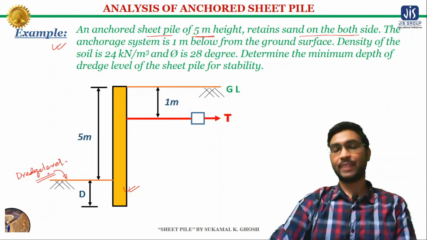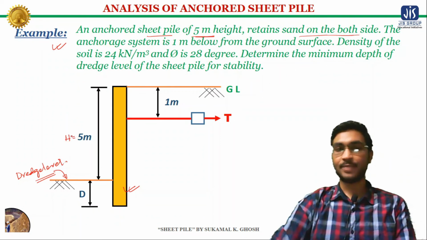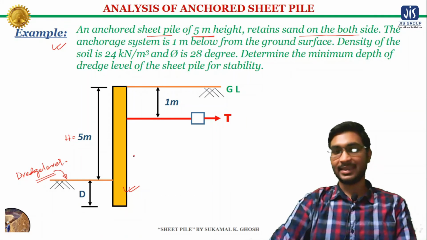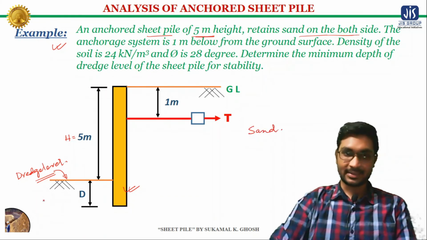Above the dredge level, the height of the sheet pile, that is h, is 5 meter. This anchored sheet pile is retaining sand on both sides. It means on this side it is retaining sand, and this soil is also sand.